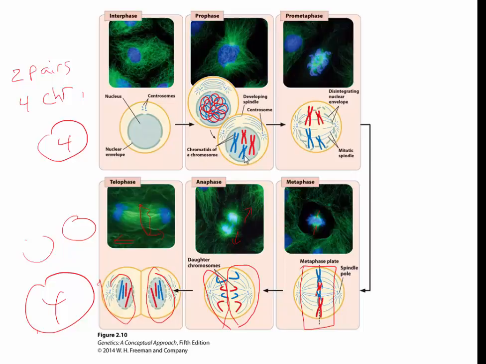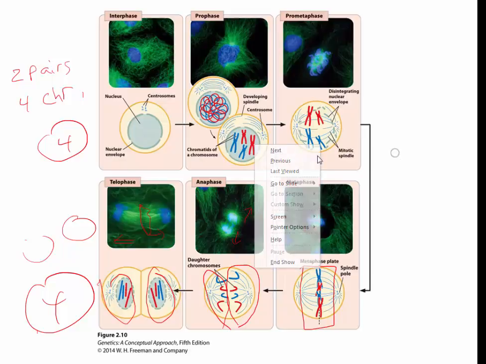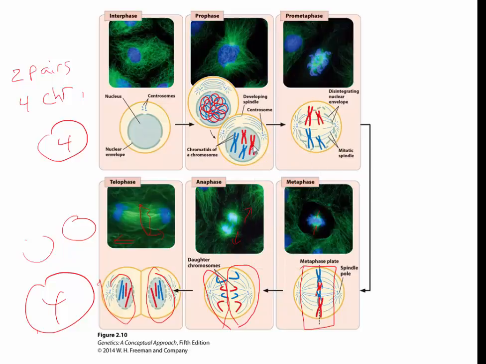These are chromosomes with 2 chromatids each. These are chromosomes with 1 chromatid each. They still are counted as a chromosome. So count the centromeres. I try to make a little circle. Little circle, little circle, little circle. 4 chromosomes, 4 chromosomes.